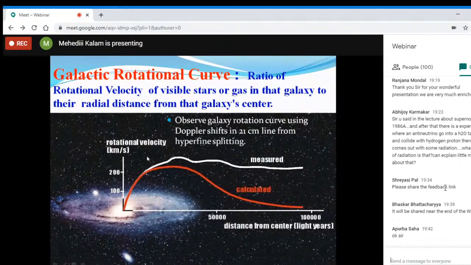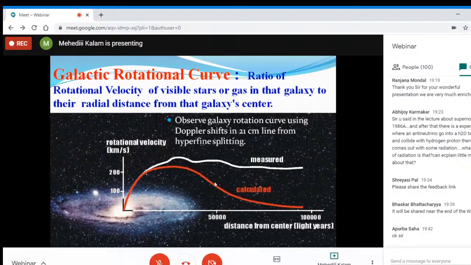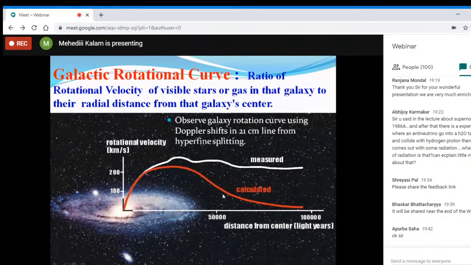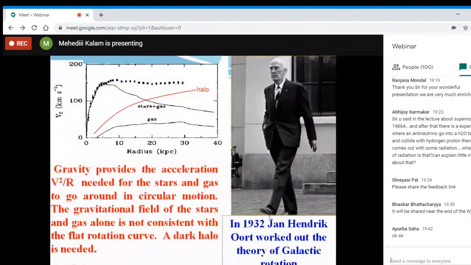And if we calculate theoretically using the observed values of the visible stars and the disk, then that calculation shows this red curve. So the visible matter gives the red curve, but the observed data gives this measured one. This was first noticed in 1932 by Jan Hendrik Oort.